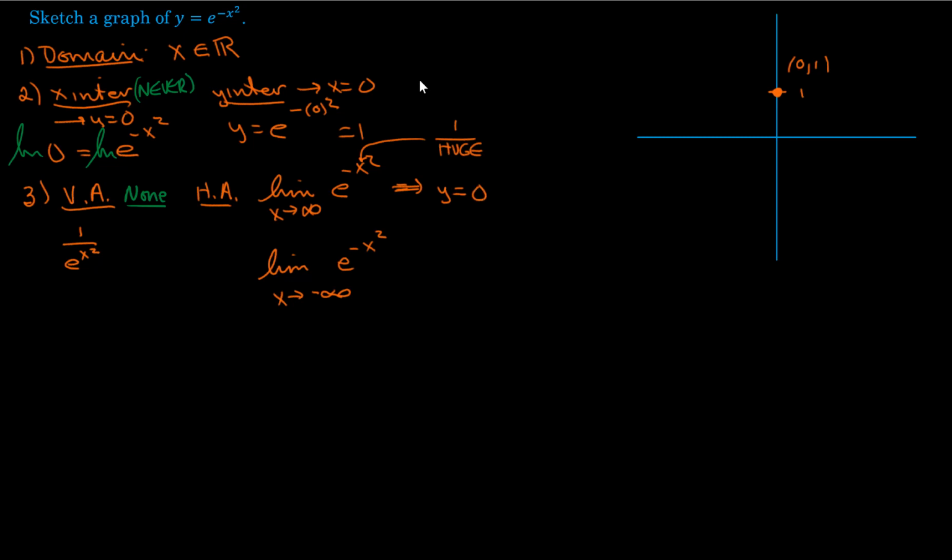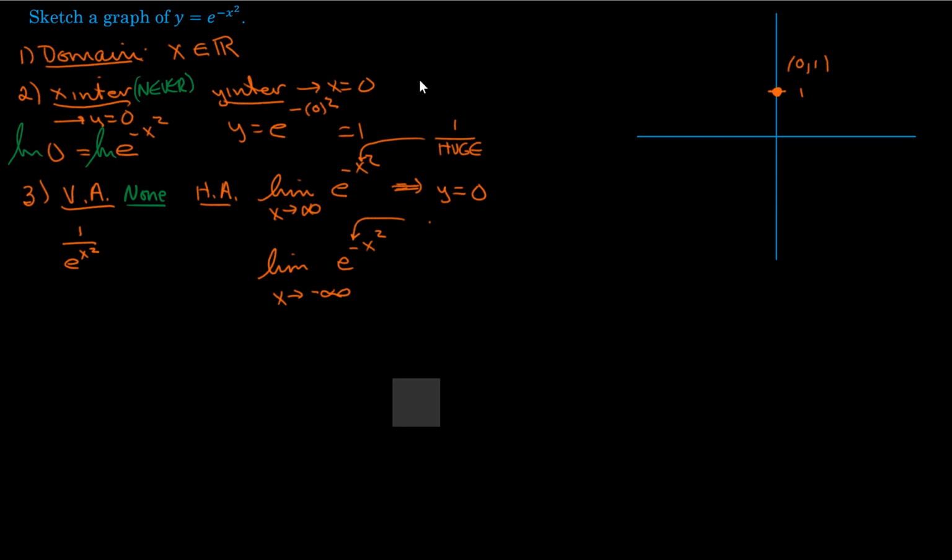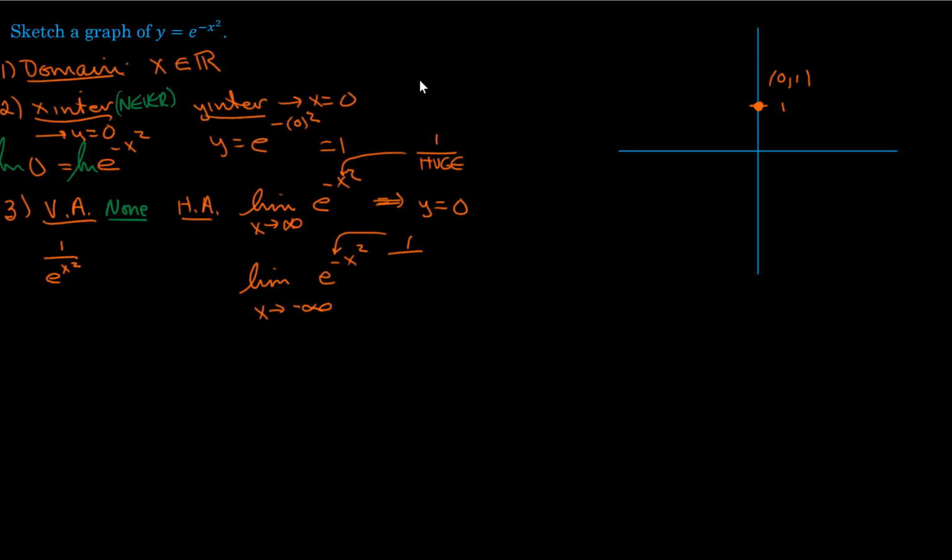When we evaluate the limit as x goes to negative infinity, if we take a negative number, square it, we get a huge number. Okay, but it's going to be a huge positive number, which, because of the negative out front here, is then going to give us 1 over some huge number. Okay, which is once again going to take us to y equals 0.